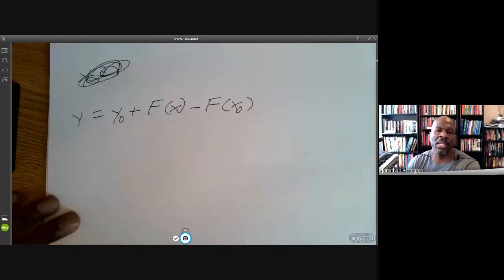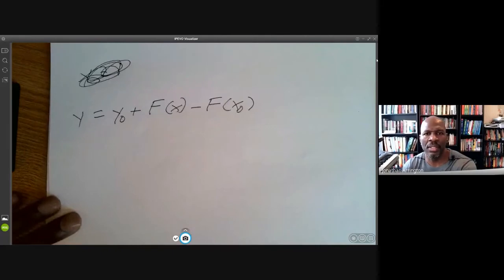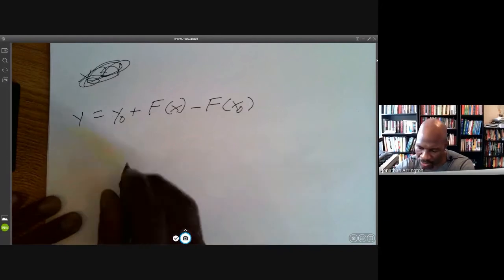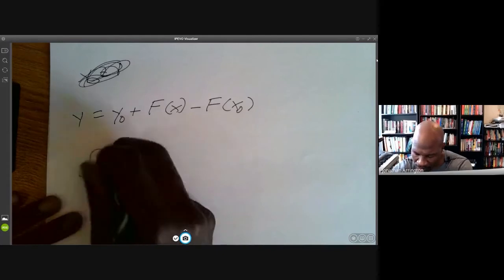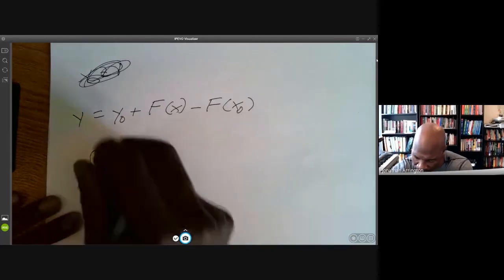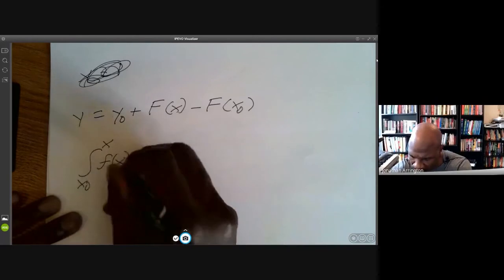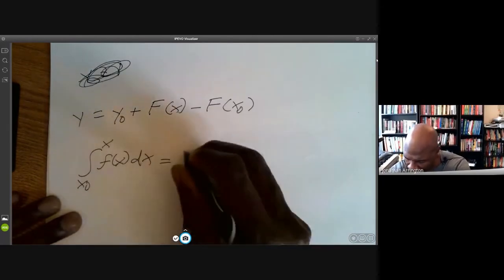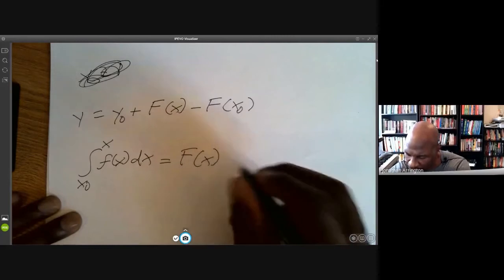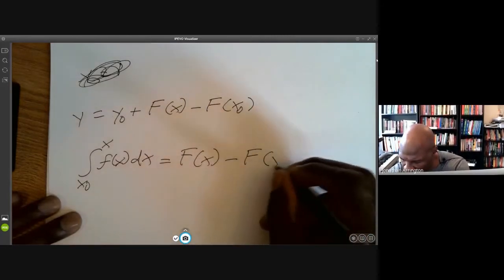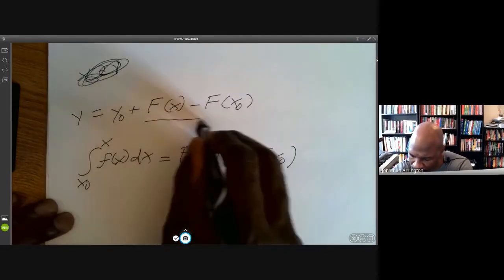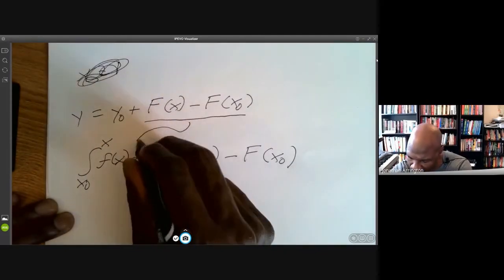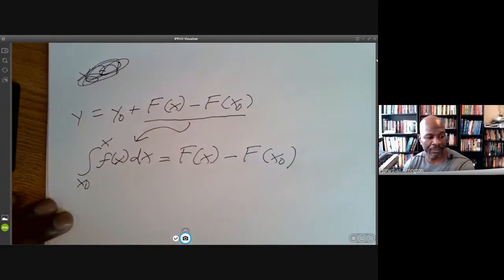Now, remember, big F is the antiderivative of little f. So by the fundamental theorem of calculus, we know that the integral from x naught to x of f of x dx is simply big F of x minus big F of x naught, correct? So this part of our solution can simply be written as this guy.